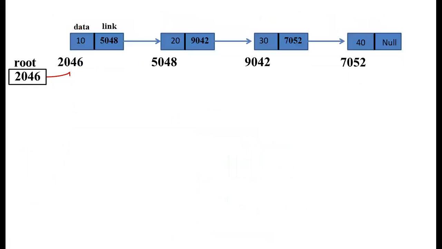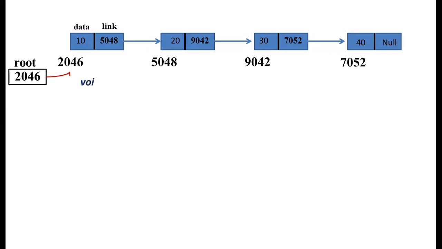Now let us see how to insert a node at some particular location. So we have to check how many nodes are present in the list, because we are not adding the node either at the beginning or at the end. At some particular location in the list we are adding. So here how many nodes are there? First we have to check.